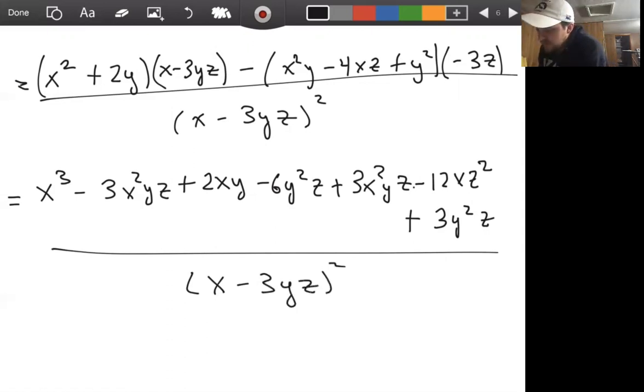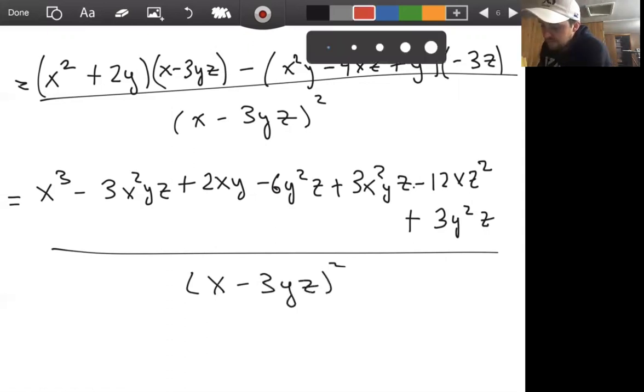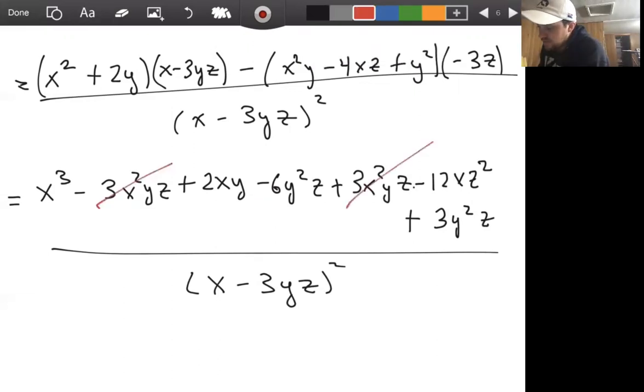Do I have any simplification? Yes, I have minus 3x squared yz plus 3x squared yz. And I have a negative 6y squared z plus 3y squared z.